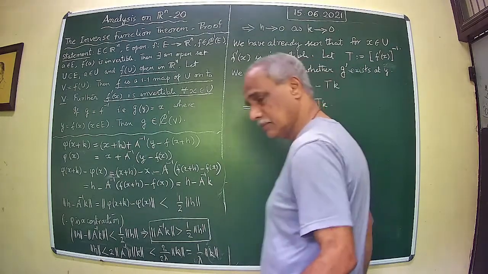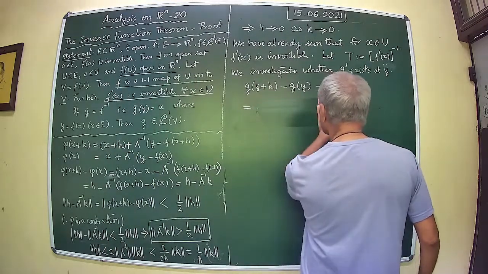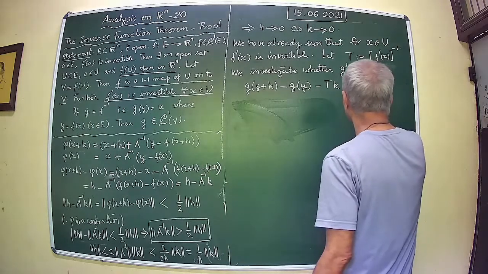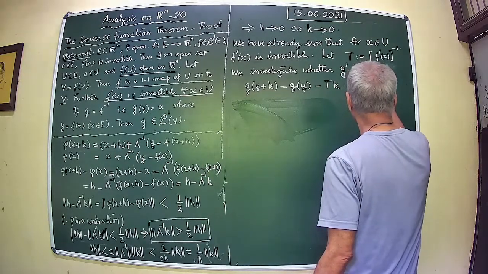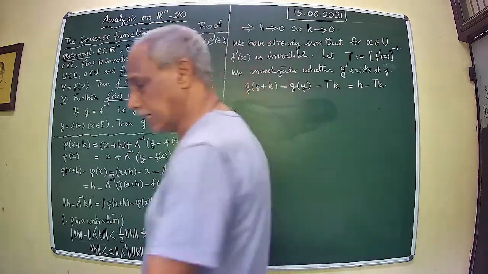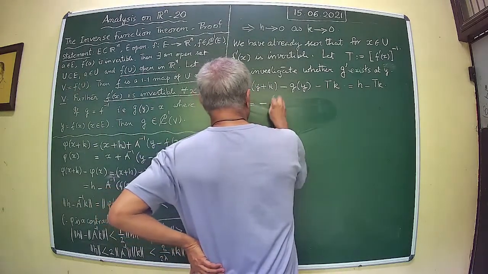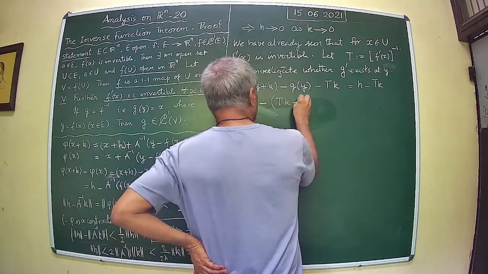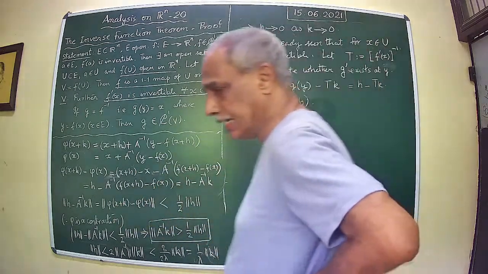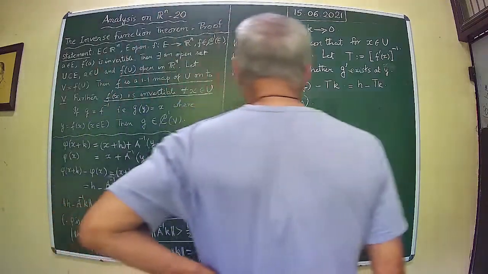Now we will write this, therefore this is equal to, now let us take T out, then what happens?